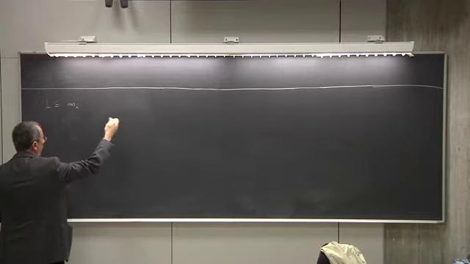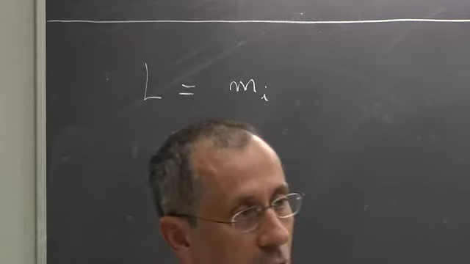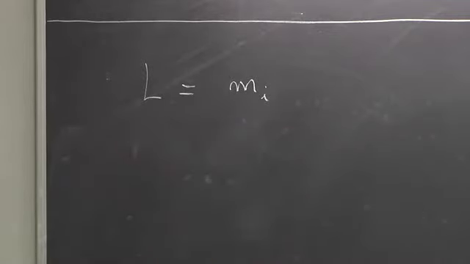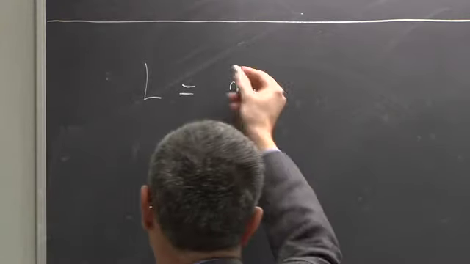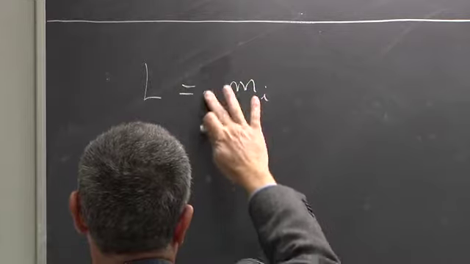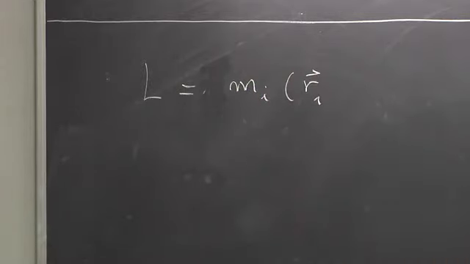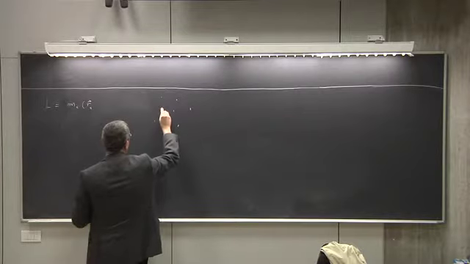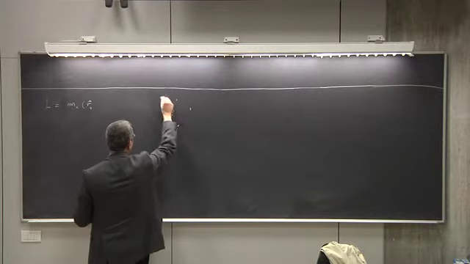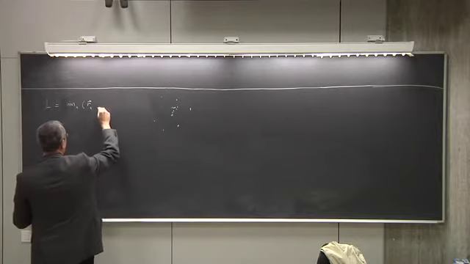where i goes from 1 to capital N, the angular momentum of this collection of points is just the sum. So remember Einstein convention, that it's implicit here. So you take the position of each of these. So this is a cloud of points, this is m_i, and so on and so forth, right?